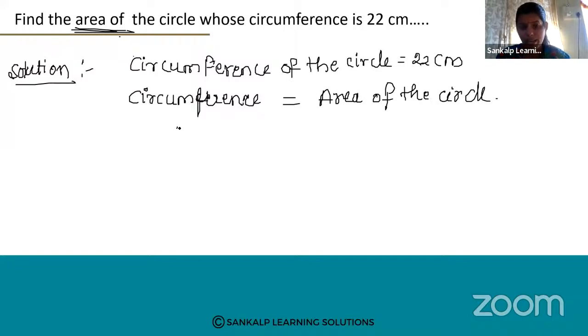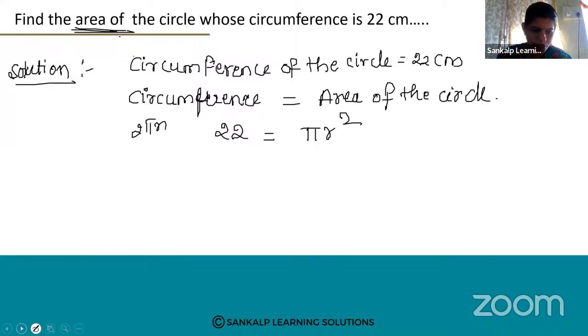Circumference is 2 pi r. Area is pi r square. The circumference is 22, so 2 pi r is equal to 22.